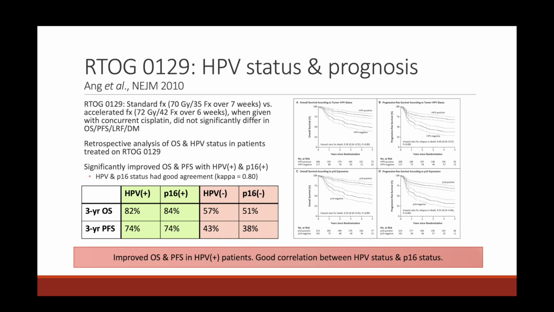And in the trial, they gave concurrent cisplatin. And as we know from our general principles talk, typically when we give concurrent chemotherapy, the benefits of accelerated fractionation or hyperfractionation typically go away. And standard fractionation is the same as accelerated fractionation or hyperfractionation in the setting of concurrent chemotherapy.